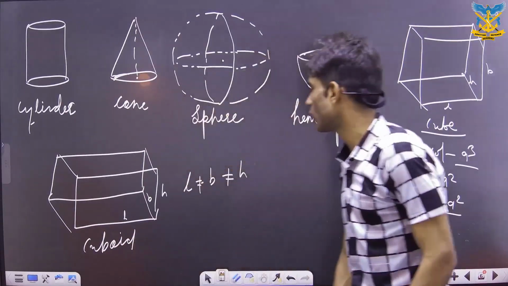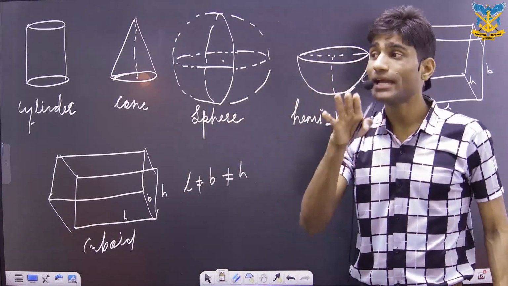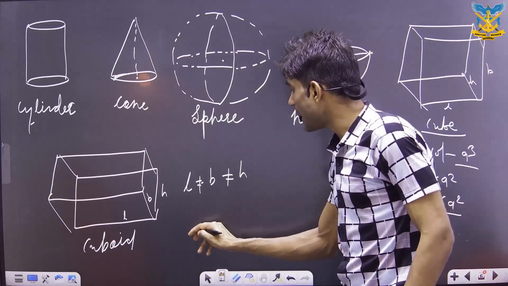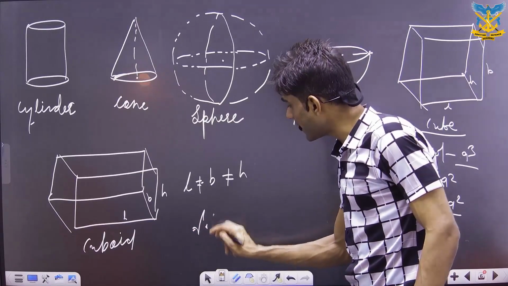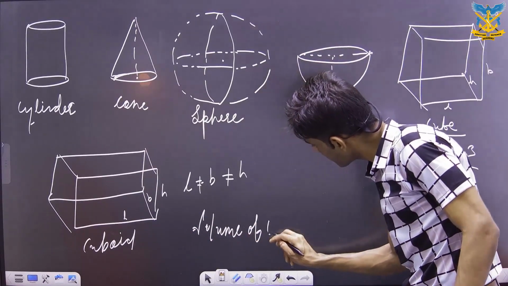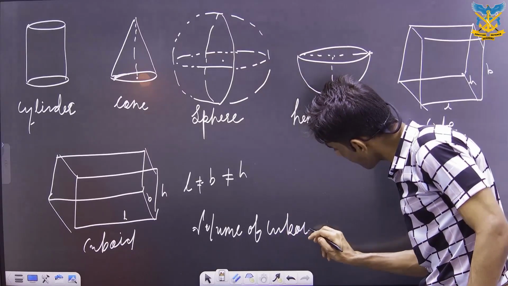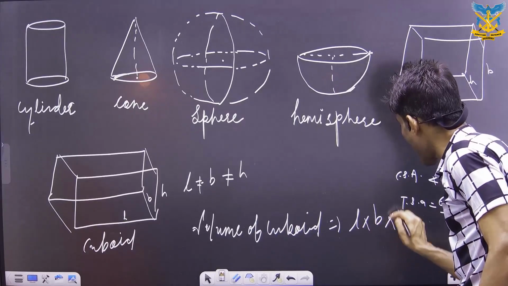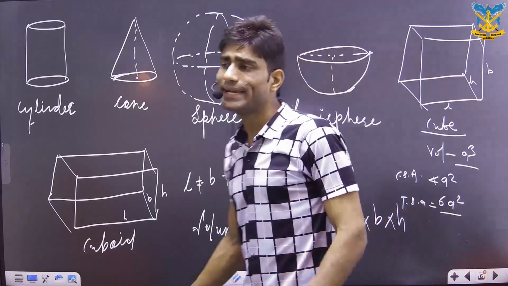This is the cuboid. If length, breadth and height are not equal, then we write volume of a cuboid as length into breadth into height.